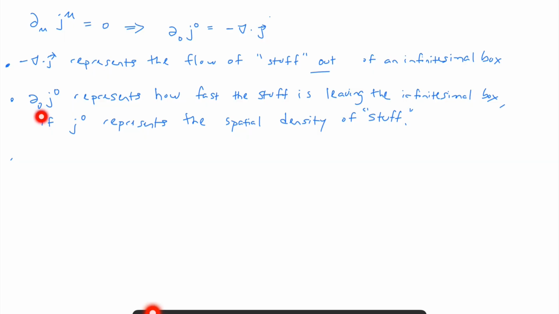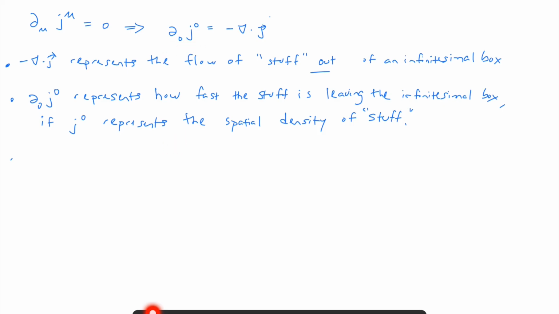So d0 j0 represents how fast stuff is leaving the infinitesimal box if j0 represents the spatial density of the stuff. So if j0 somehow represents how much of this stuff you have per unit volume, the rate at which it's changing, d0 j0, represents how fast that stuff is leaving the infinitesimal box.